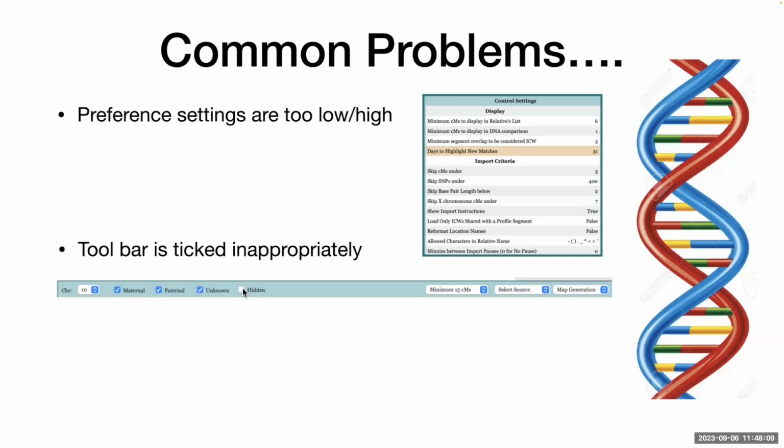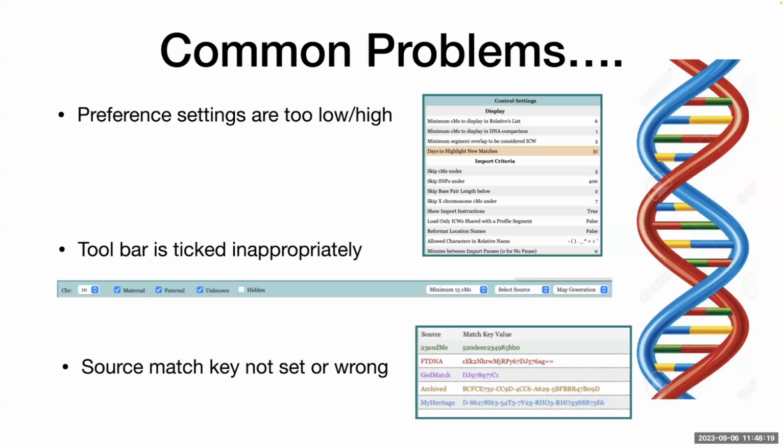But you might have hidden some that you just don't want to look at anymore. So make sure that when you look at this top bar that you've got the right things ticked. And the other main thing that is often a source of problem is that you haven't set the match key. You've either not set it at all, or you've made a mistake in the information you're trying to import. The match data doesn't actually match.